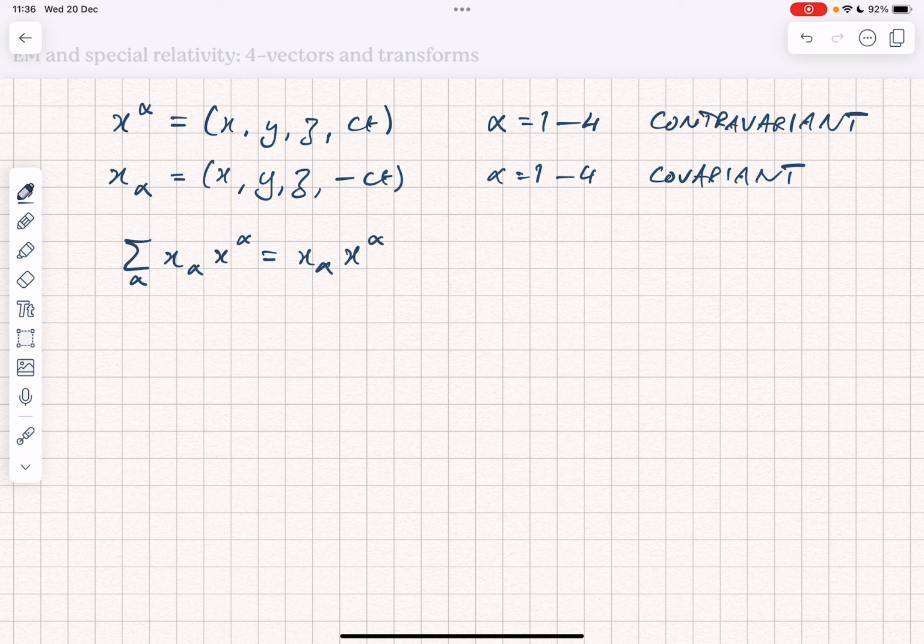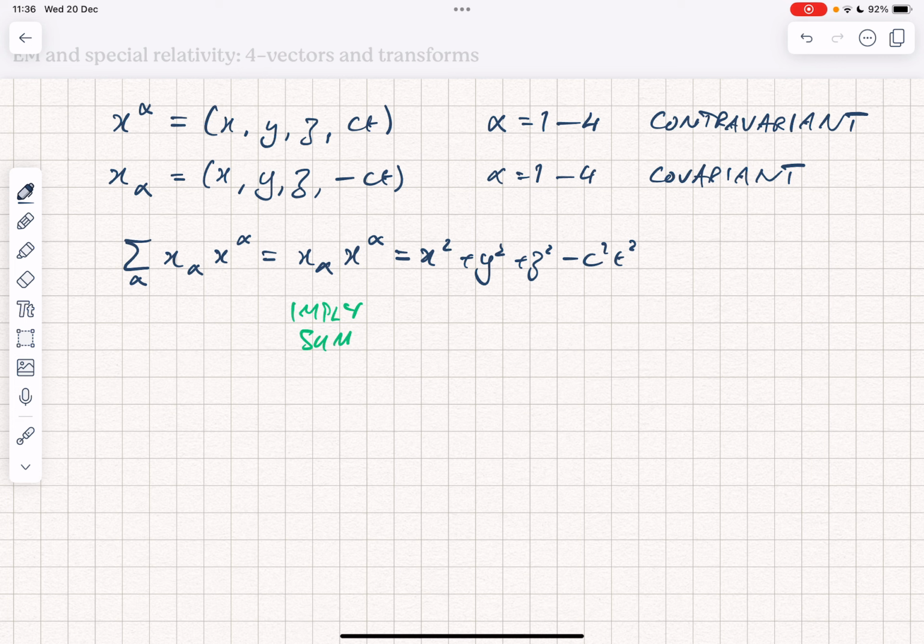So we say that you have X subscript alpha, X superscript alpha. That is defined as including a sum. You imply the sum. And that's known as Einstein notation, or the Einstein summation convention. And that's equal to, of course, X squared plus Y squared plus Z squared minus C squared T squared.